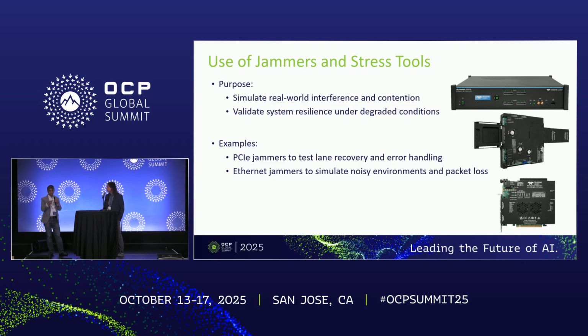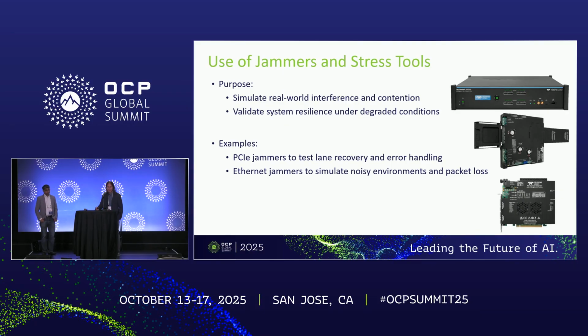Not just one condition, but out of one condition, we can simulate a dozen additional conditions that the operating system has to see. That's the creative use of the jammers we did, on both the SAS side and the NVMe side, towards this error injection.